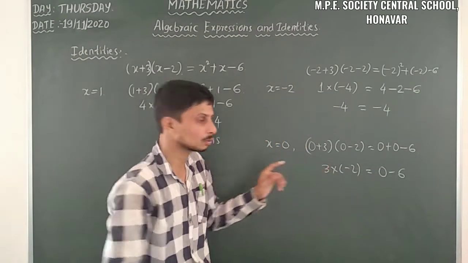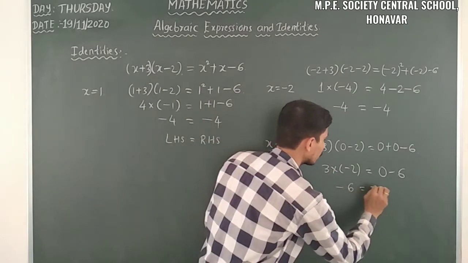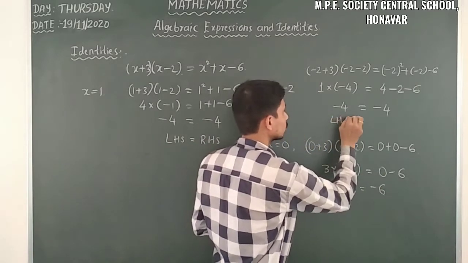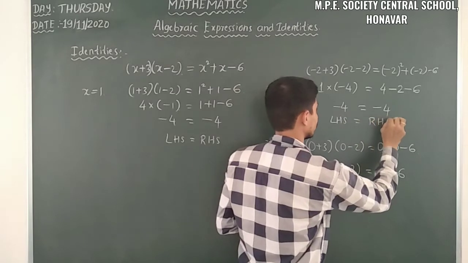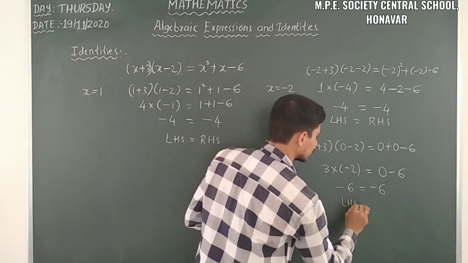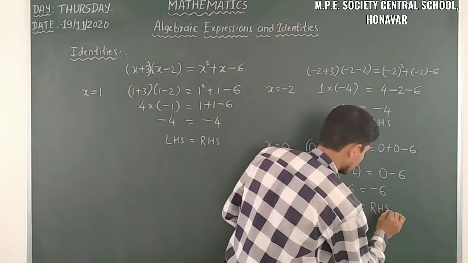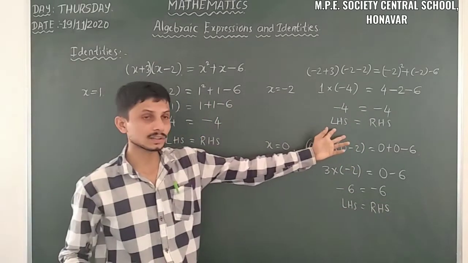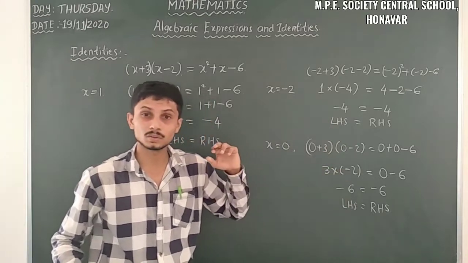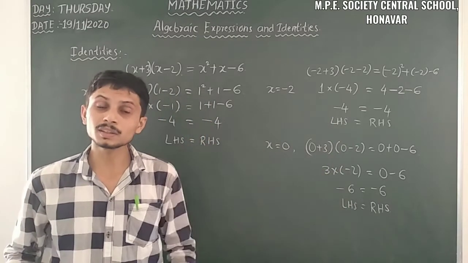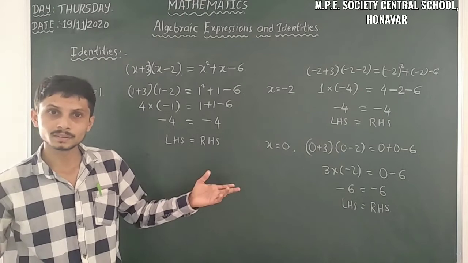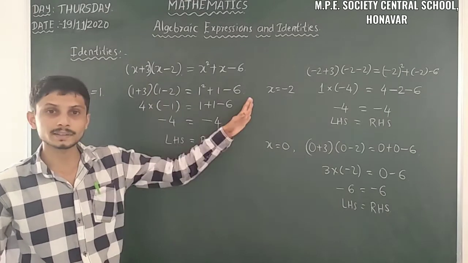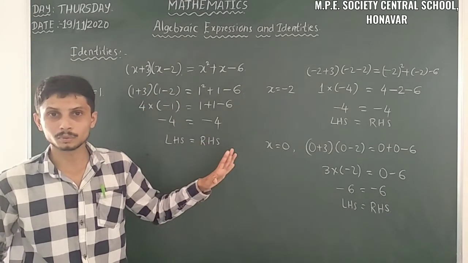Here 3 into minus 2 is minus 6, and on the right also minus 6. Here also LHS is equal to RHS. Just observe, here LHS equals RHS, here also, and here also. Whatever value of x you take, the LHS and the RHS are equal.